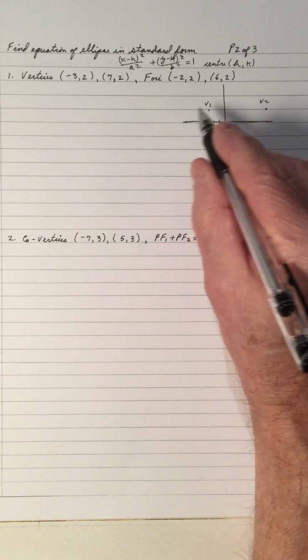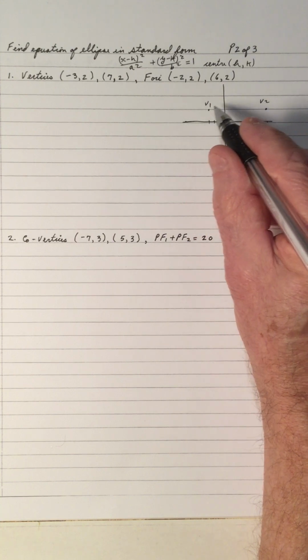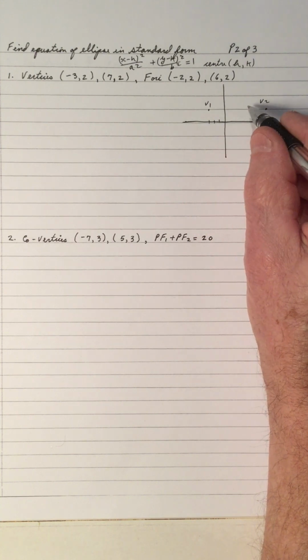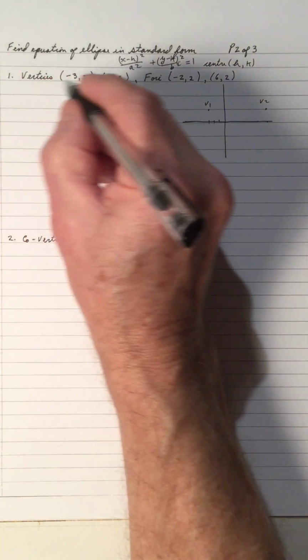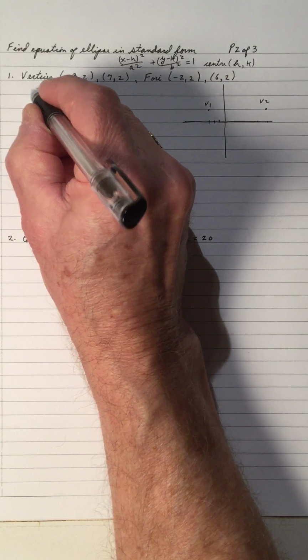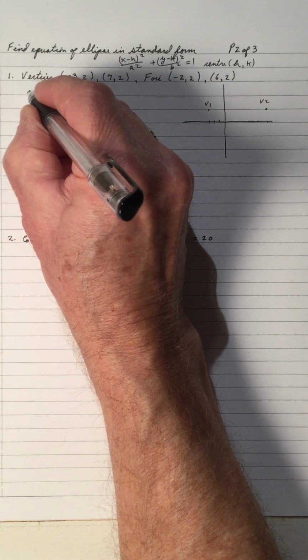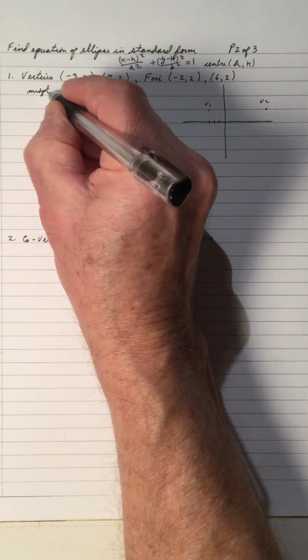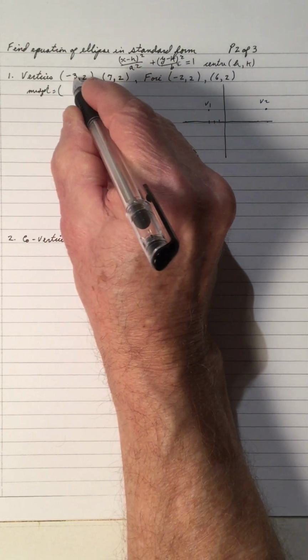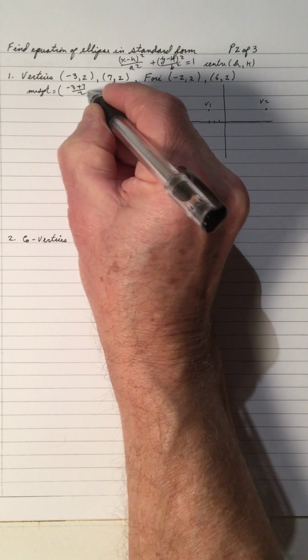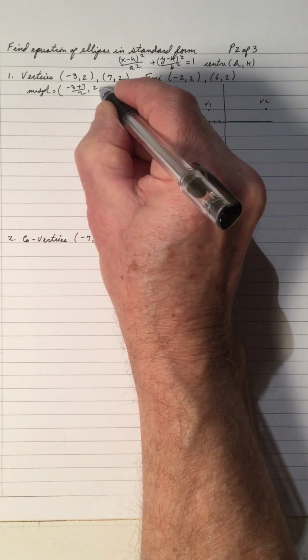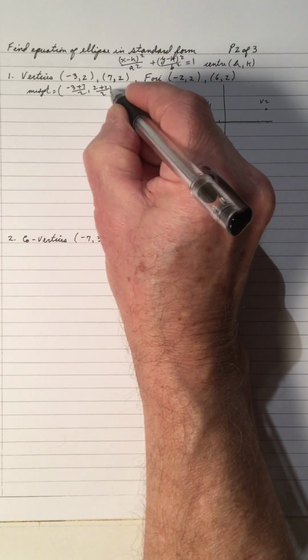The center of the ellipse is the midpoint of the vertices. The midpoint is x1 plus x2 over 2, so negative 3 plus 7 divided by 2, and 2 plus 2 divided by 2.